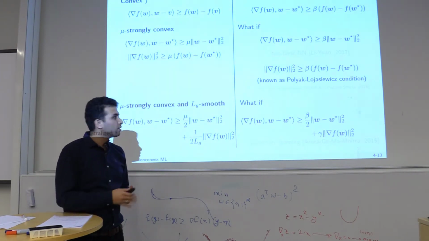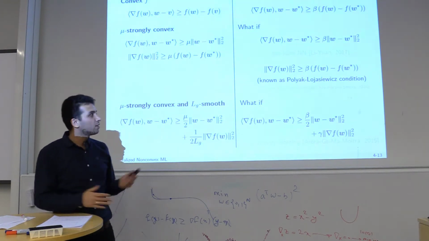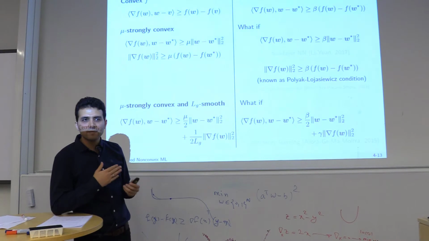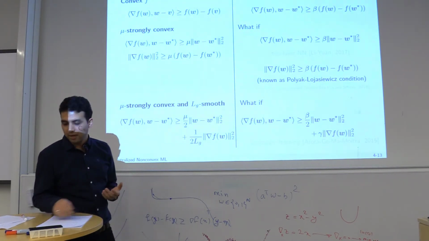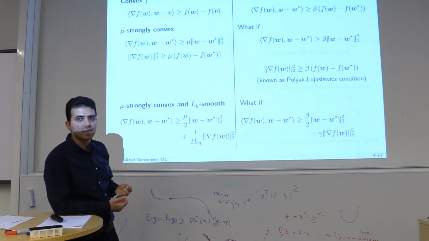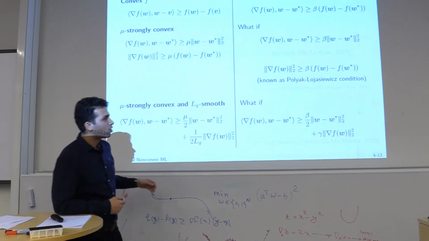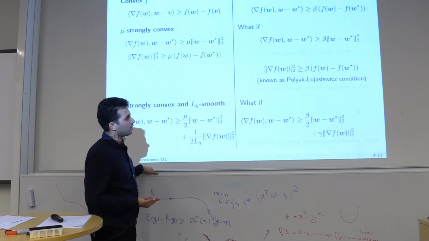And once we prove that this inequality holds, then everything follows from it. So really, we didn't need mu strong convexity, and this inequality is much more general than mu strong convexity.